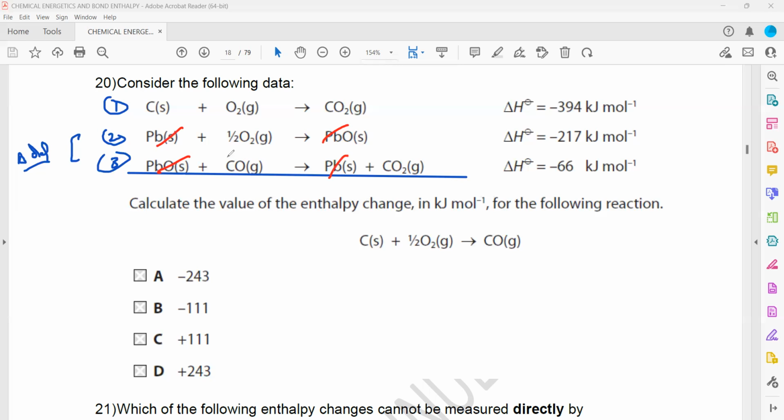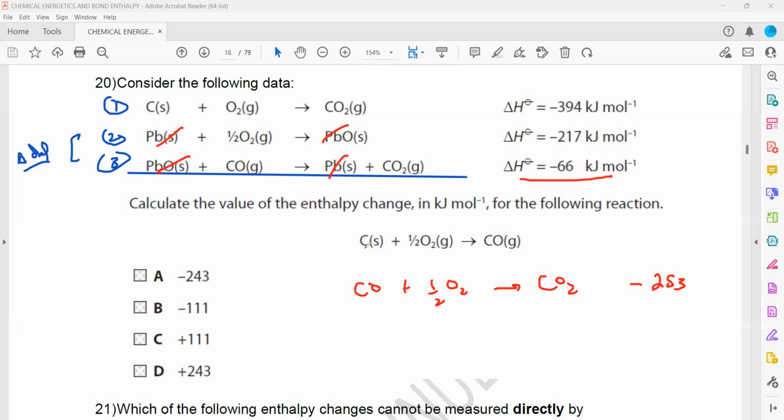So after adding 2 and 3, what are we left with? We are left with carbon monoxide plus half oxygen, and it gives carbon dioxide. And when we add these two equations, because we are adding, minus 217 and then minus 66 will come out as minus 283.